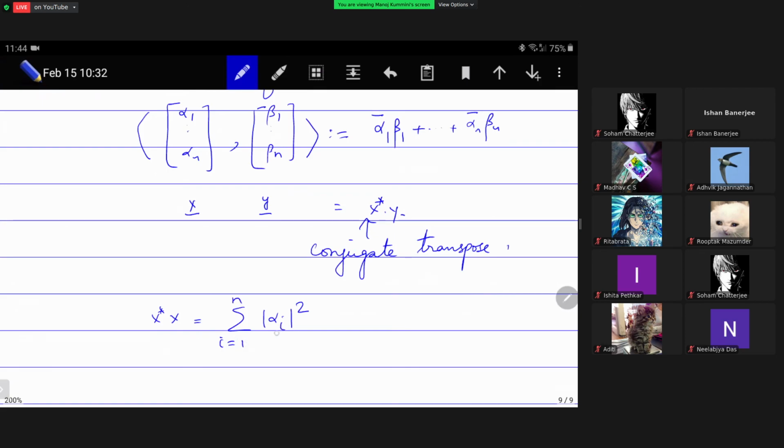So it is some notion of length, right? Because each alpha i is a complex number, alpha i bar times alpha i gives the square of the length. Then we're just taking the sum of those squares. So this is the square of the length of the vector, with the usual Euclidean notion of length.